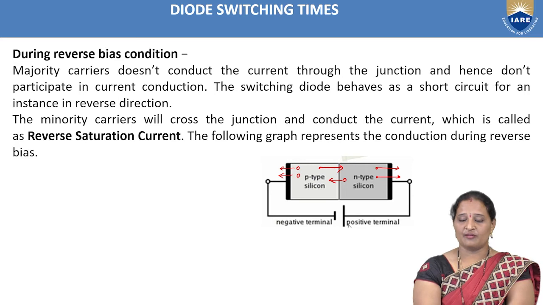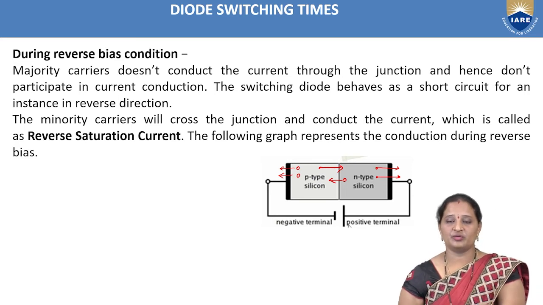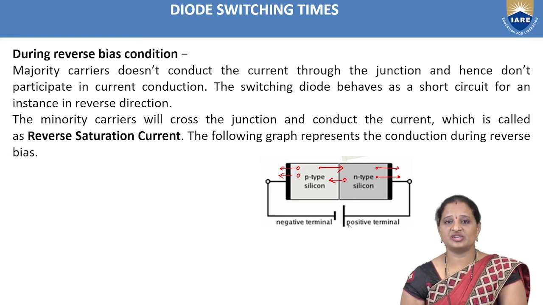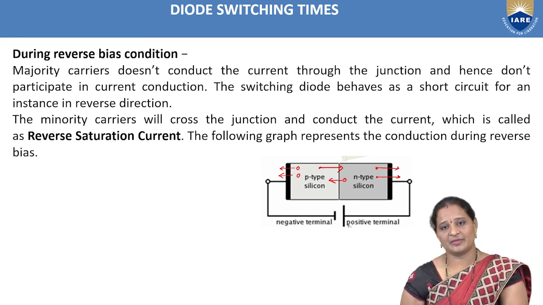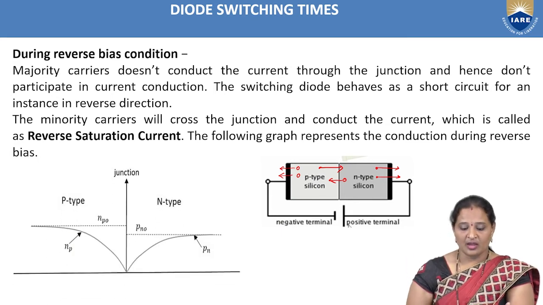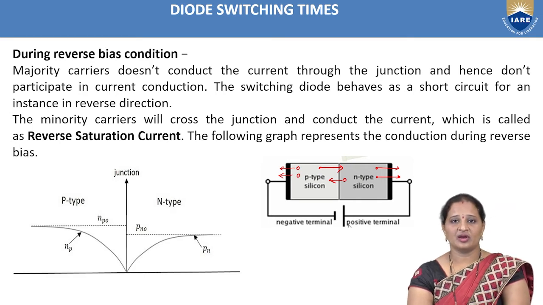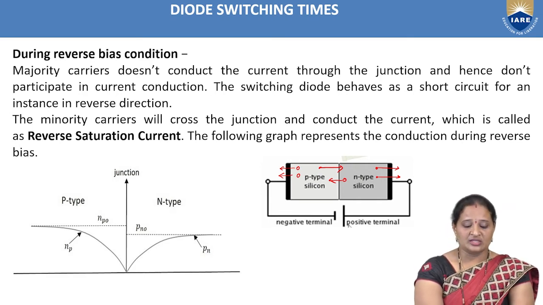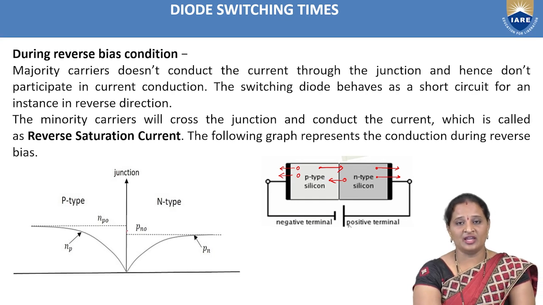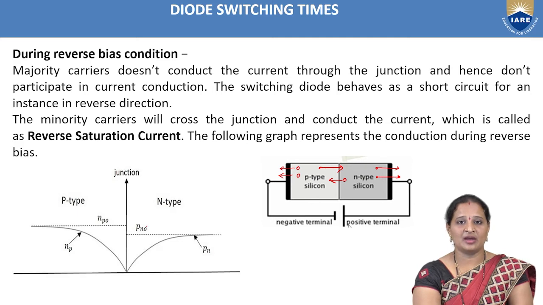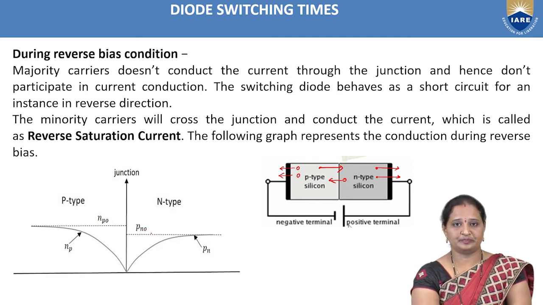Now I'm going to show the minority carrier concentration near the junction under reverse bias condition. This is the graph which is showing the minority carrier concentration under reverse bias condition. Under equilibrium condition, the minority charge carrier concentration in the p-type semiconducting bar is np0, whereas in the n-type semiconducting bar it is represented with pn0.